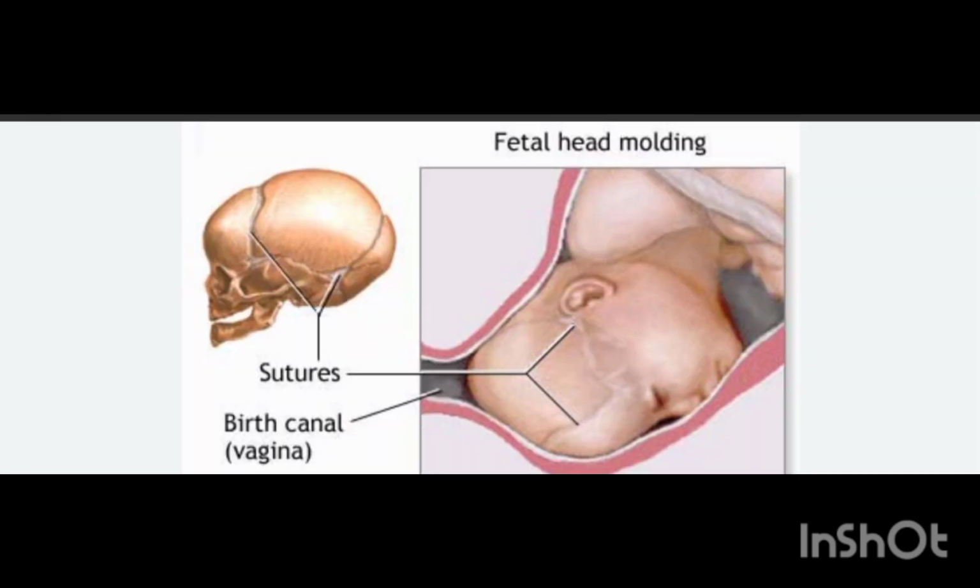Now I wanted to add one point, fetal head molding. Fetal head molding is nothing but, during the process of normal delivery, the overlapping of the sutures takes place to mold the head according to the shape of the vagina to facilitate the baby's head coming out of the vagina easily.